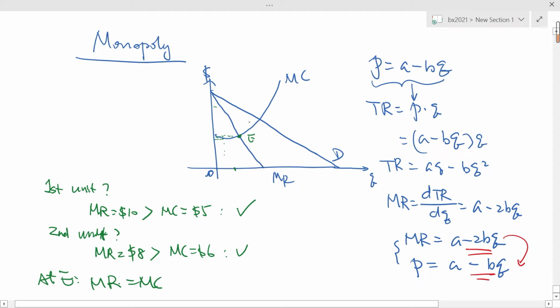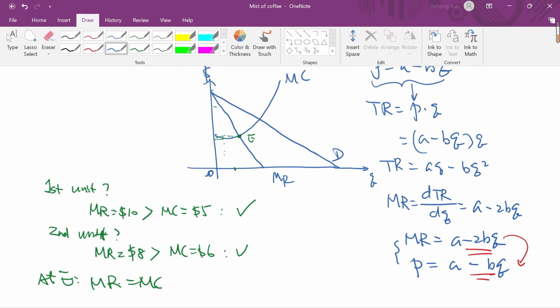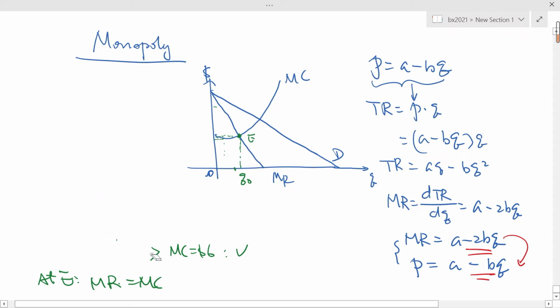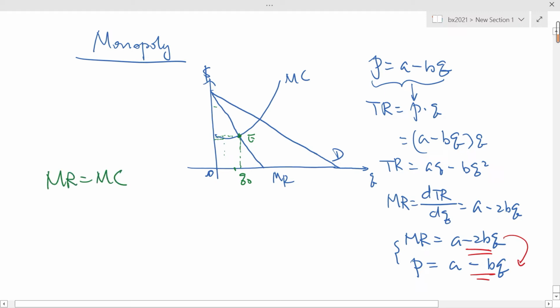Okay, so I still follow MR equal to MC and produce at point E, which corresponds to output Q0. So we still follow MR equal to MC, which means the intersection point of the marginal revenue curve and the marginal cost curve, and produce Q0.